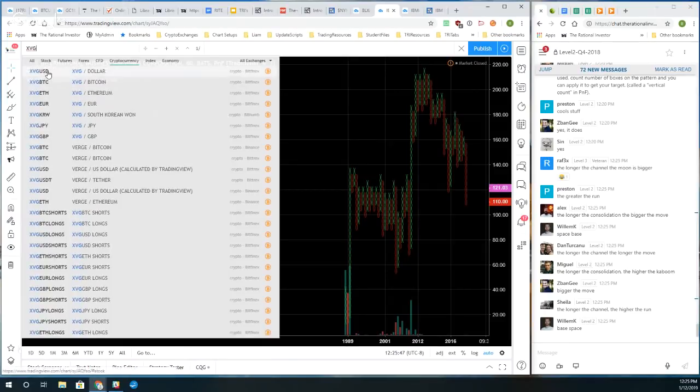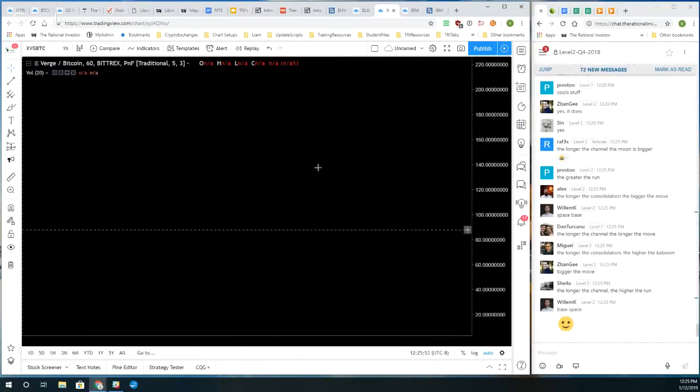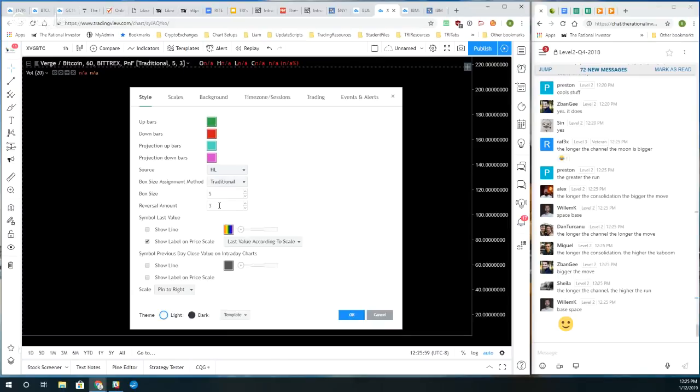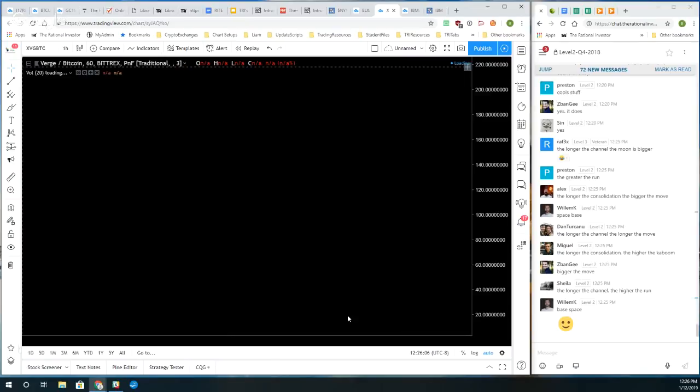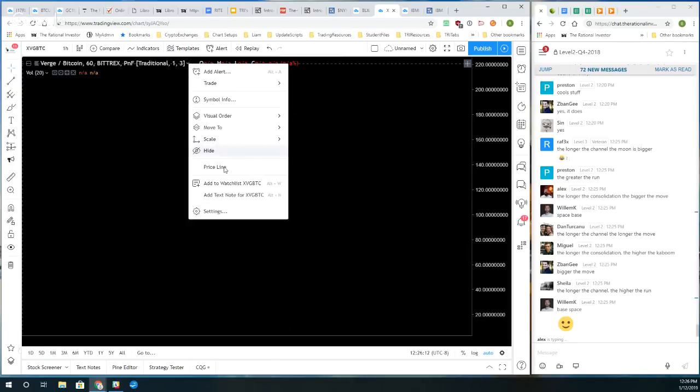XVG. I think we did it for some Bitcoin. Let's see what we get here. Is this thing going to die? Of course, the problem here is you have to be very careful about your box sizes. We might have to go down to a fraction of a box size here.